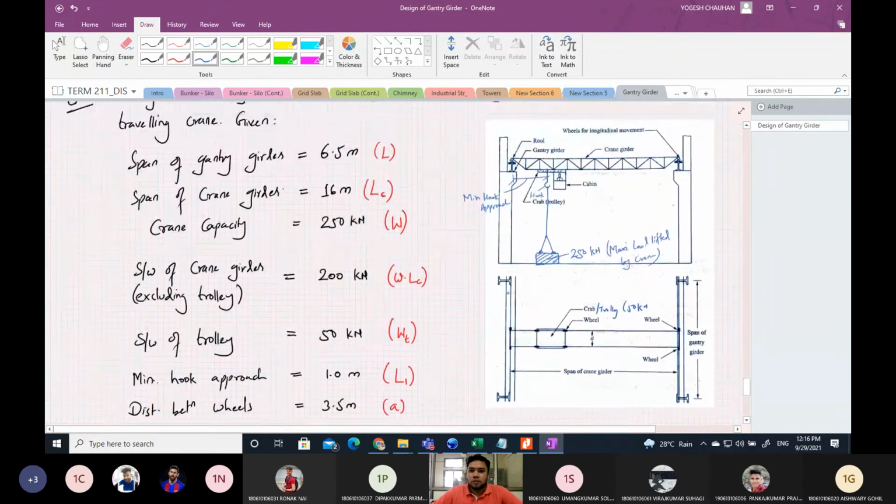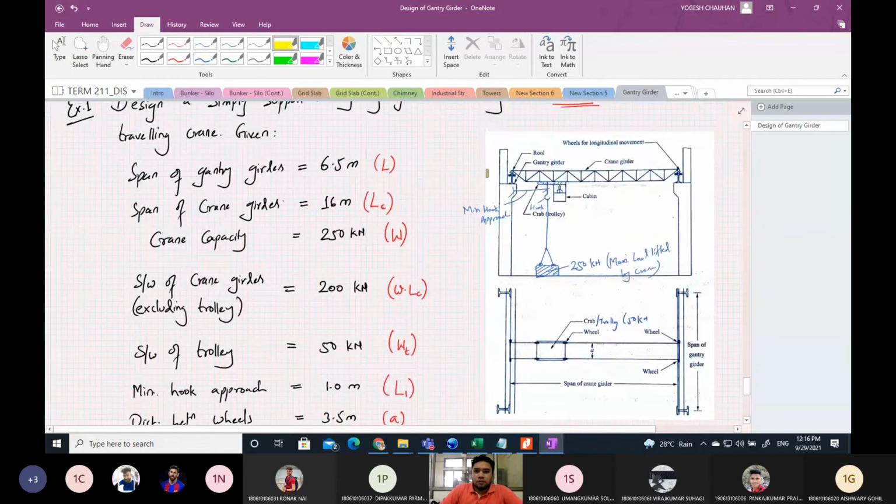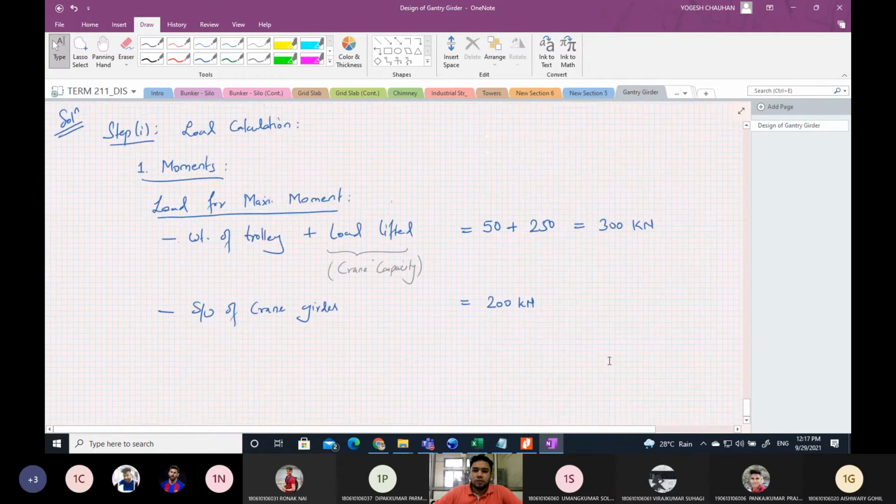Means the self weight of this girder is given as 200 kilonewton.